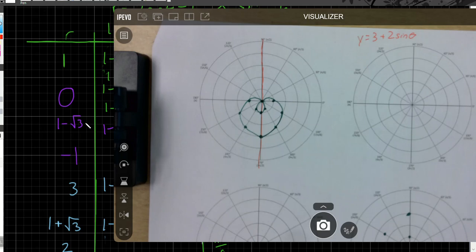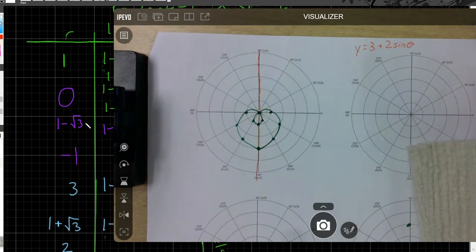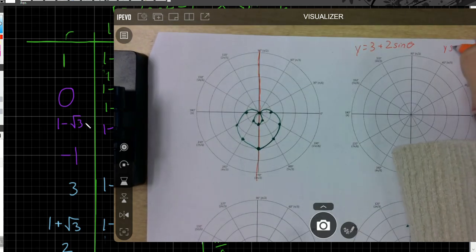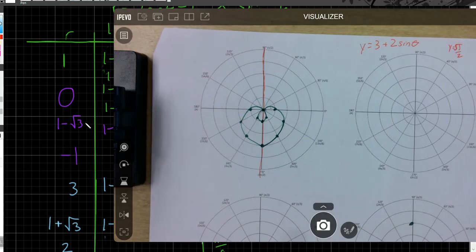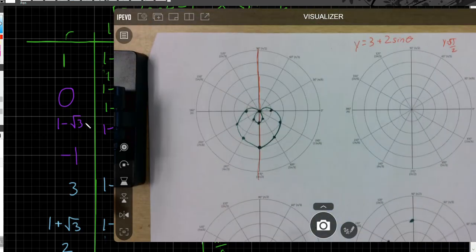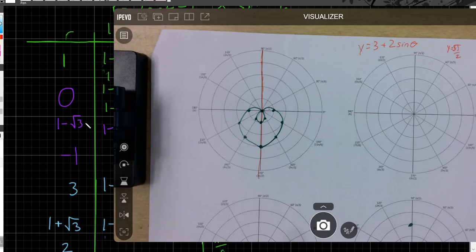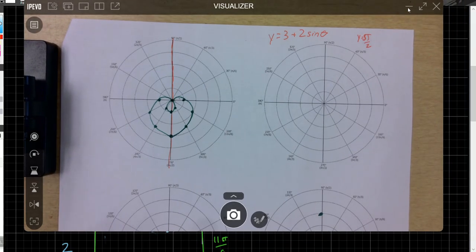Let's keep this for right now. So we have symmetry over y equals pi/2. Do you want to check symmetry over the pole as well? I thought that was only over the pole if there was something in front of theta. Exactly. So we don't have to check it, but I just want to see if you guys want to check it to prove that it's wrong.